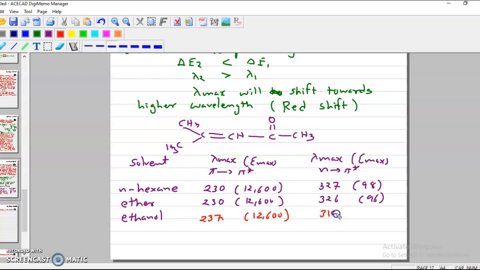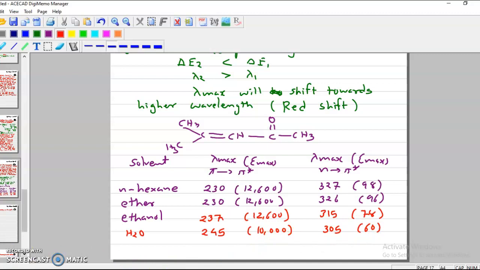Here it is 315, blue shift. See, the value of lambda maxima decreases with decrease in intensity also. If you use water, H2O, then it is 245 because it is more polar, and the epsilon maxima value also decreased to 10,000, and here it is 305, again decreasing. This is red shift, and here it is blue shift with low intensity.